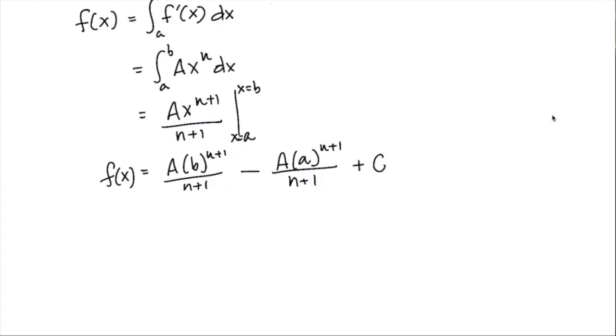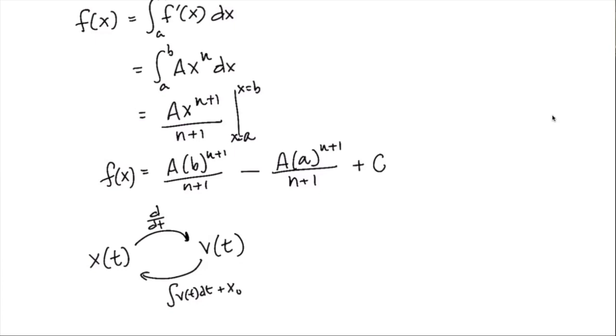So quick reminder that we were looking at how to go from a position function to a velocity function by taking the derivative with respect to time. And so to undo that, we had to take the integral of the velocity function with respect to time to get the position function plus the initial position. To take the velocity function and go to the acceleration function, we take the derivative with respect to time, so d dt of velocity gave us acceleration.